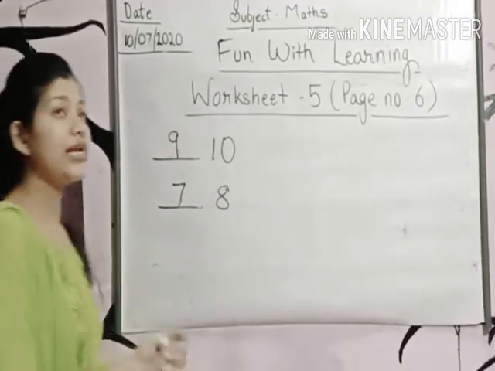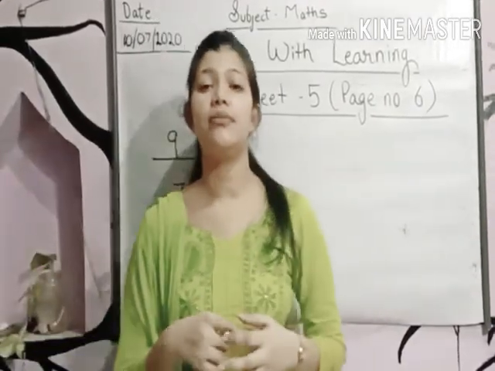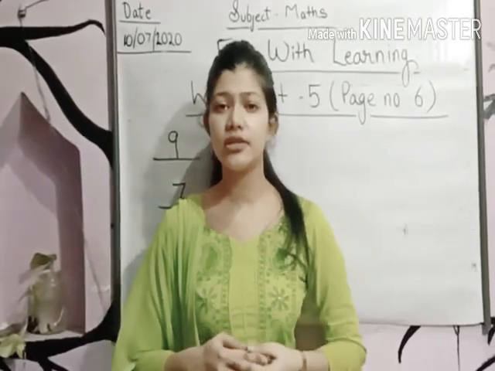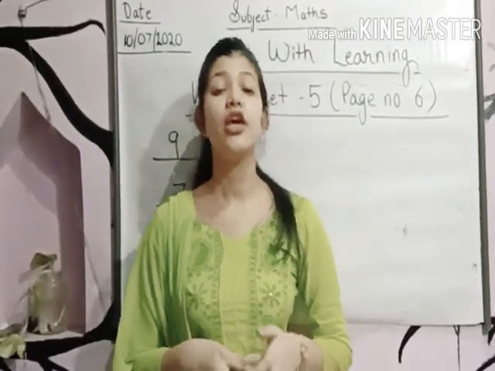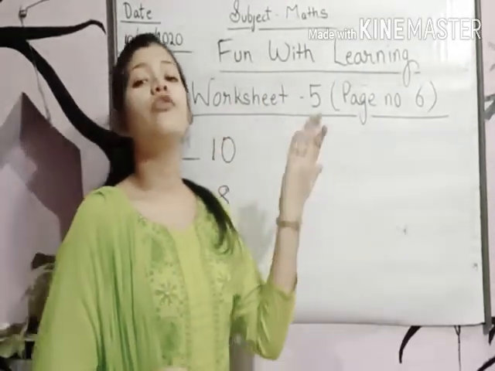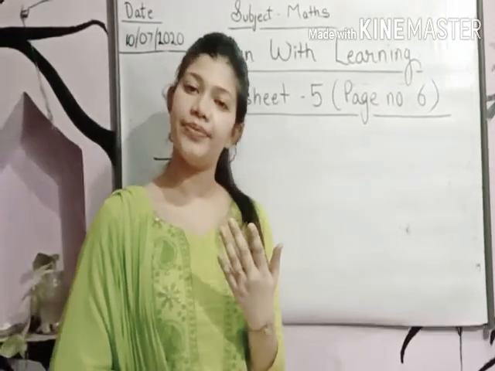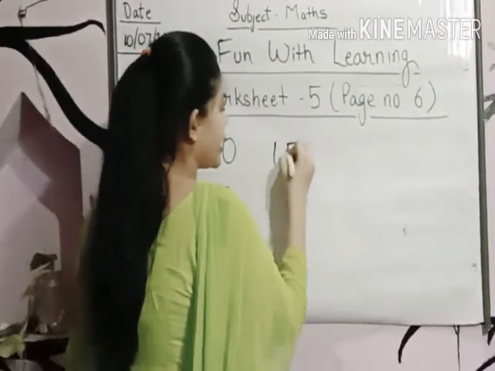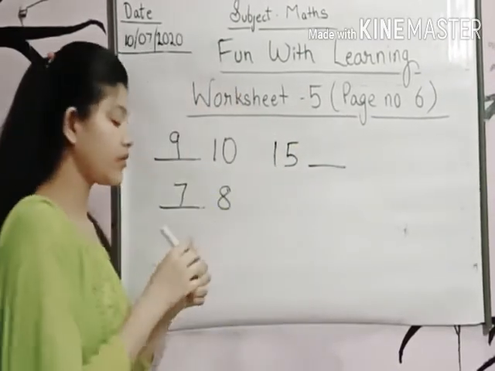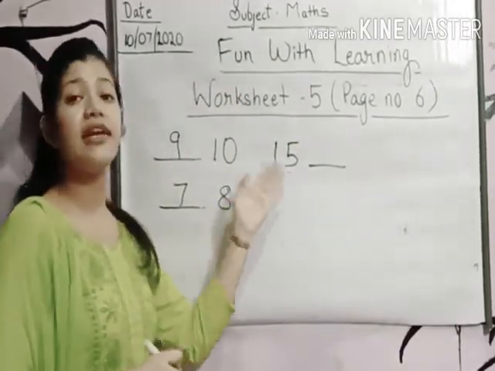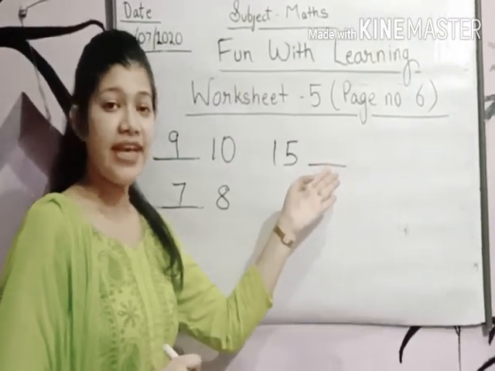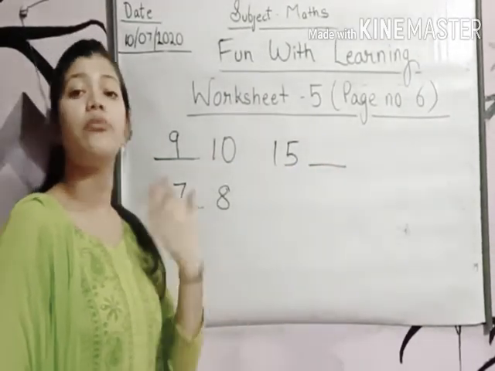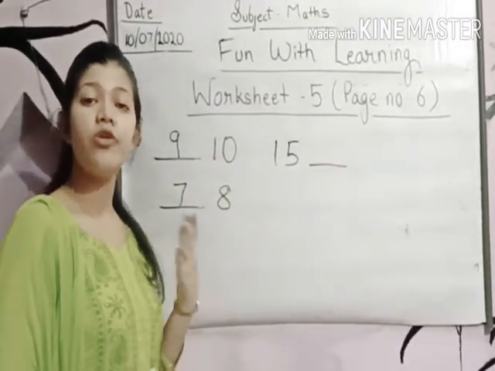Now let's discuss after numbers. After numbers means to move forward from the given number. For example, if I give you the number 15 dash, you have to write the next number, that is, move one step forward.